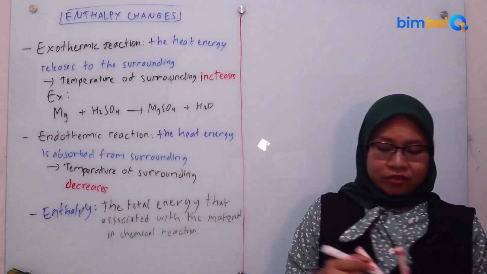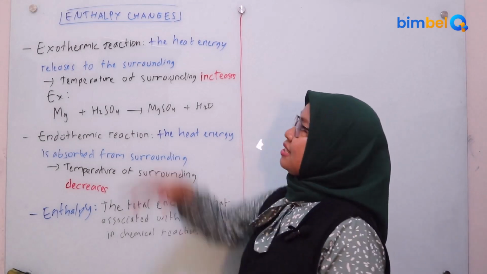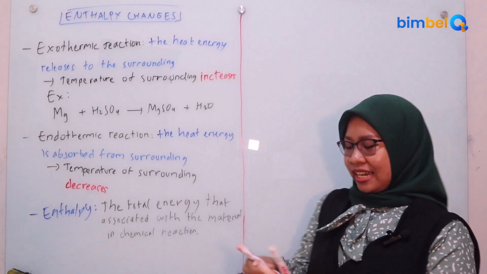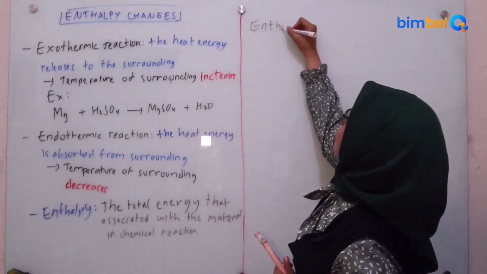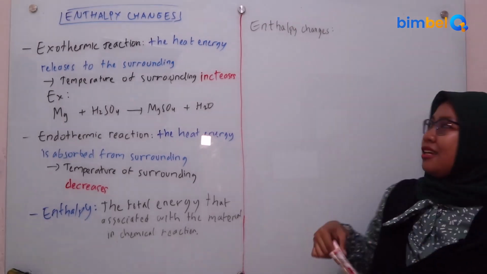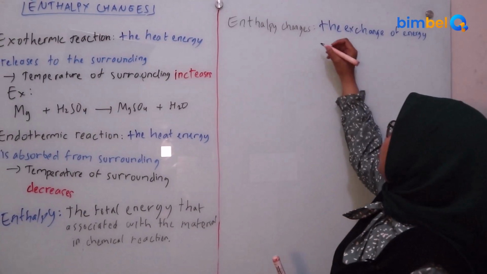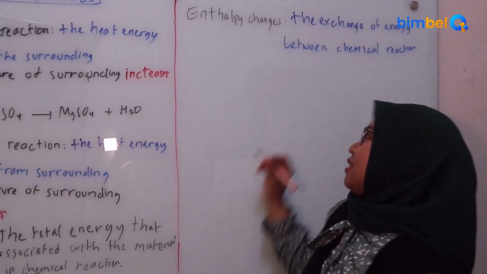It's quite simple. However, we cannot measure the enthalpy, but we can measure the enthalpy changes. So what is enthalpy change? Let's find out together. Enthalpy change is the exchange of energy between a chemical reaction and its surrounding.